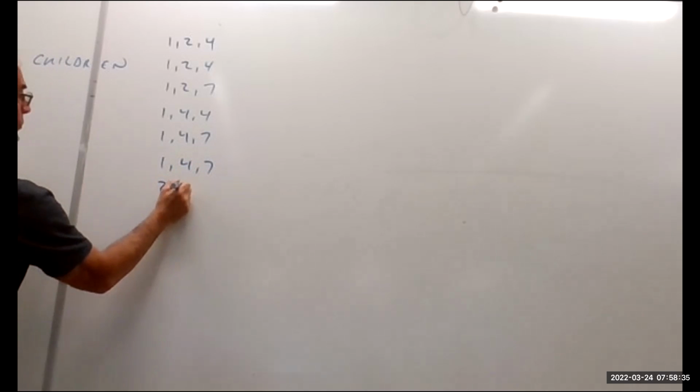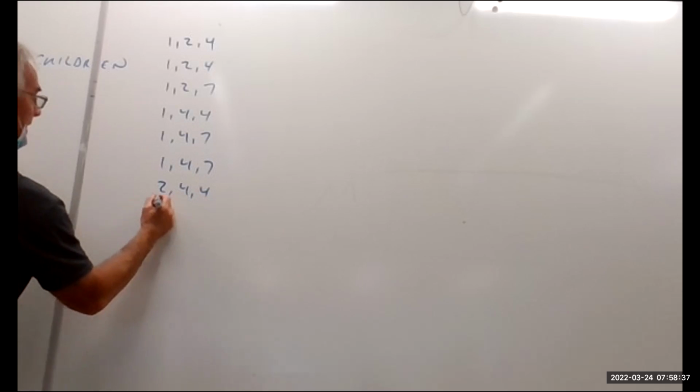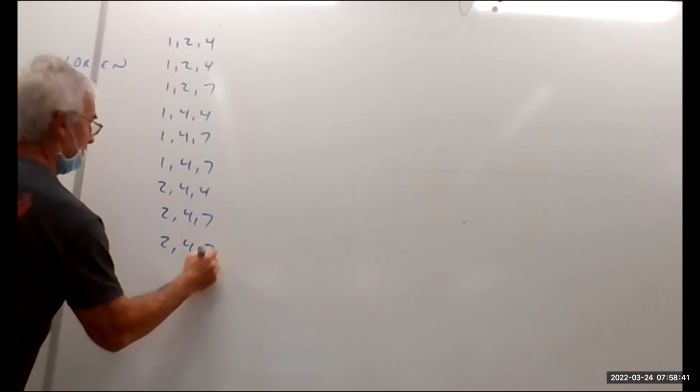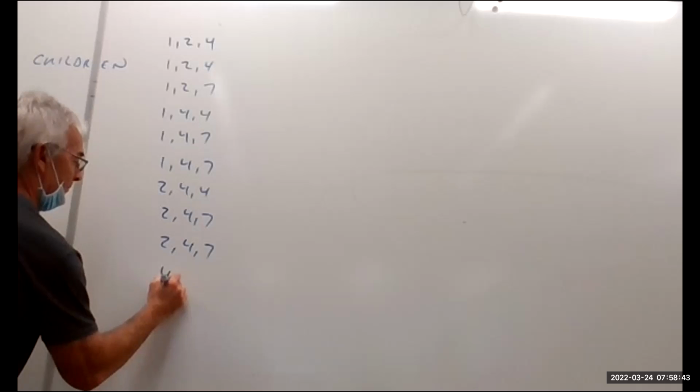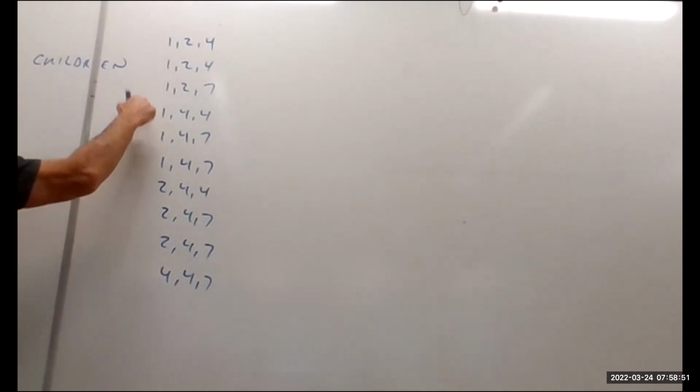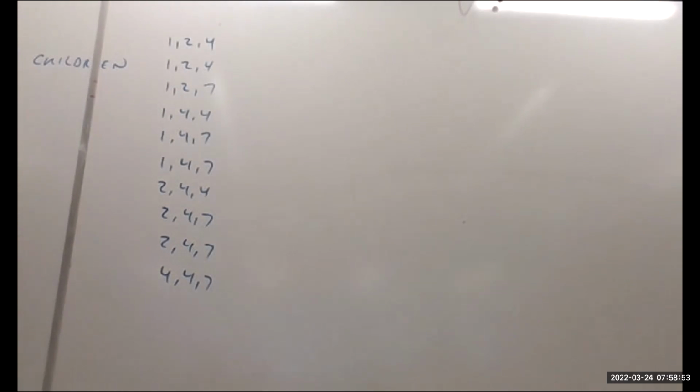Now I have 2, 4, and 4. I have 2, 4, and 7, and then 2, the second 4, and 7, and then finally 4, 4, and 7. So 1, 2, 3, 4, 5, 6, 7, 8, 9, 10. Beautiful. Now I don't want decimals because I'm going to have thirds.